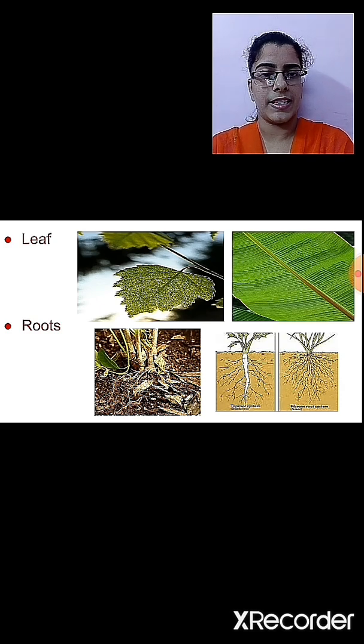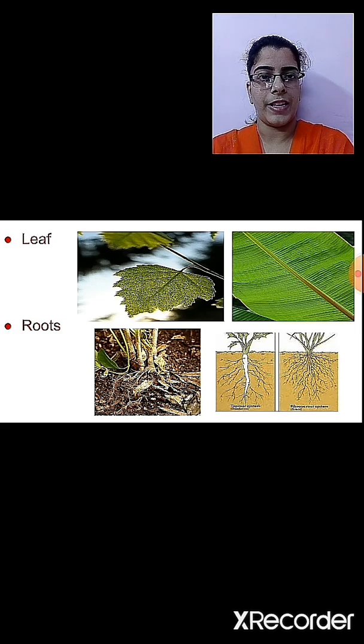Also, we have studied the photosynthesis process in the leaf. Leaves prepare their own food in the presence of sunlight and the green pigment present in the leaf known as chlorophyll. During this process, leaves use water and carbon dioxide and release oxygen in the air.